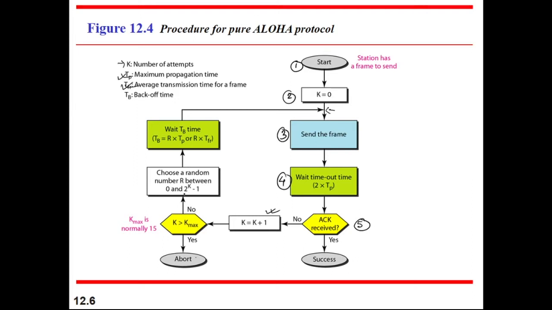It can be 0 to 2^k minus 1. So if k is equal to 1, you will get some different result. If k equal to 2, you will get some different result. So your attempt number is very important for choosing the random number, and using that random number you can calculate this waiting time.